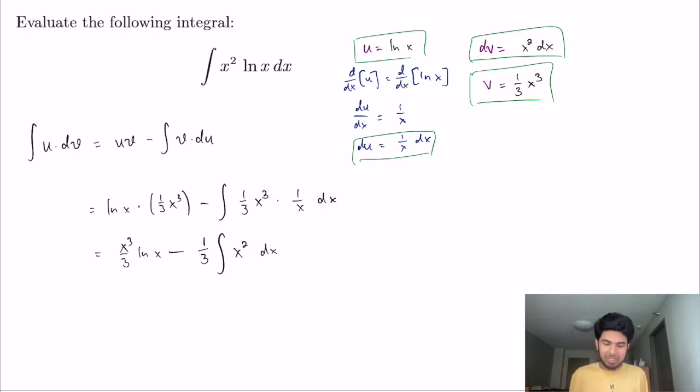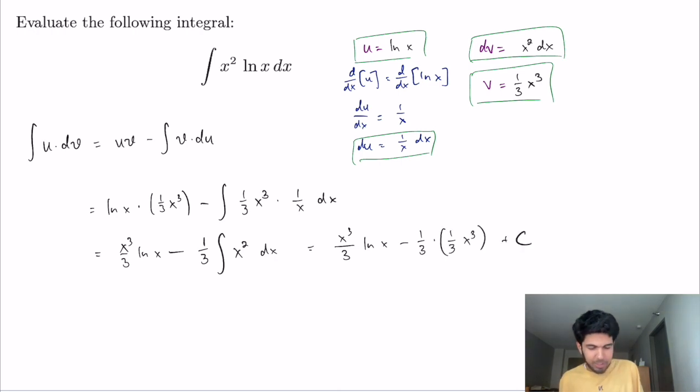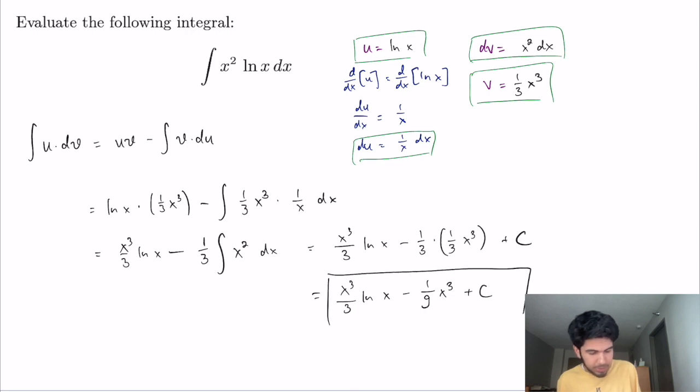We can evaluate the integral of x squared pretty easily. That's just power rule. So this is x cubed over 3 ln of x minus 1/3 times 1/3 x cubed. Tack on your plus c and simplify this a bit more as desired. And that should be your answer.